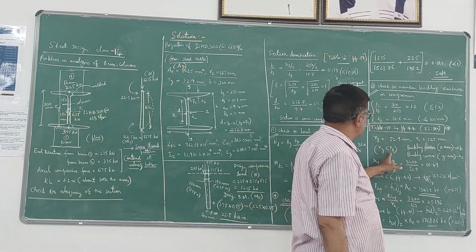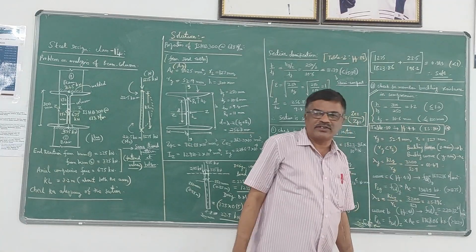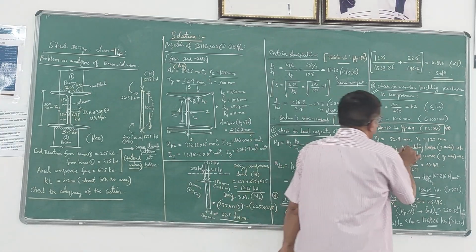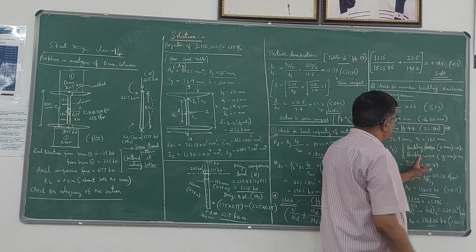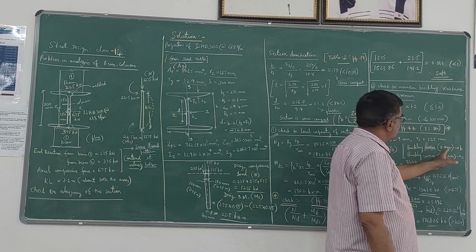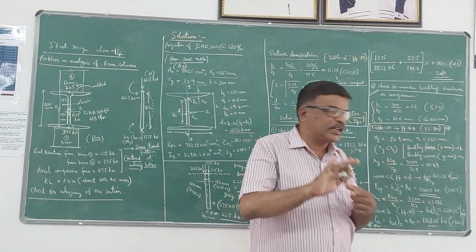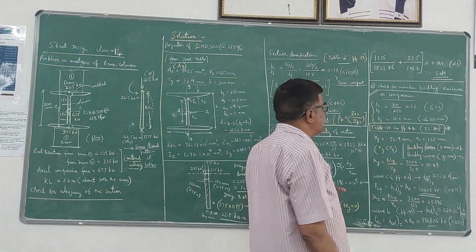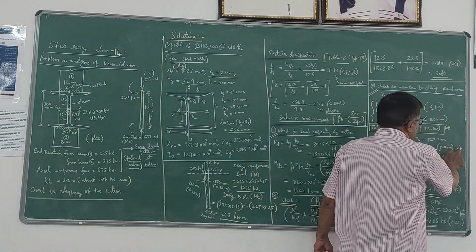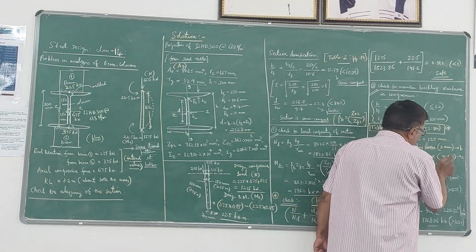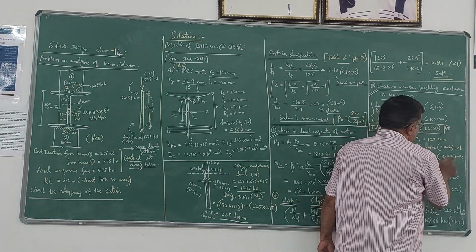So ry is less than rz, the radius of gyration about the y axis is less than the radius of gyration about the z axis. Based on the buckling curve, if the bending takes place about the z axis, then we take buckling curve B. If it is about the y axis, then we consider buckling curve C.